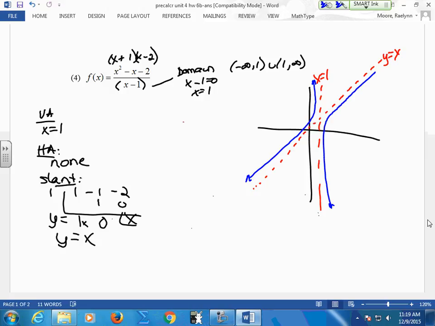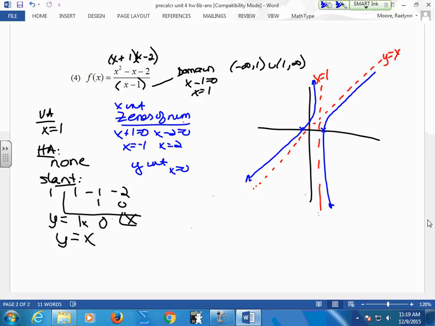Alright? So zeros of my numerator, my x-intercepts. Zeros of my numerator. So at x equals -1 and x equals 2. And yeah, I can see them. And I can even find them in my table. Okay? Y-intercept, set x equal to 0.